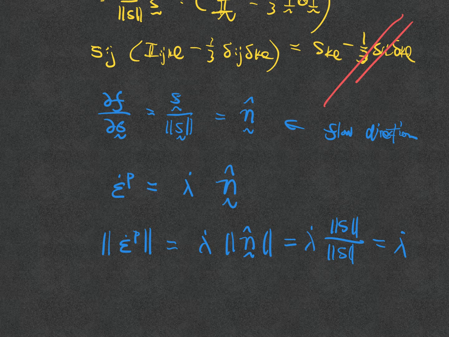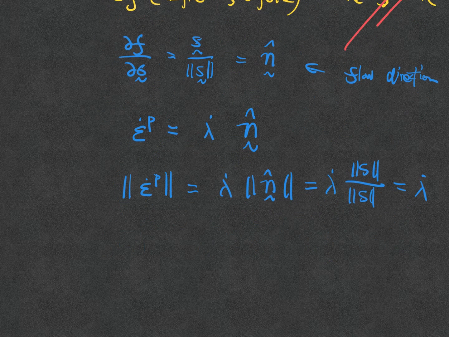So lambda dot is actually called a plastic multiplier for that reason. It gives us the sense of the magnitude of the plastic deformation we accumulate, and then the n is focused on the directions.